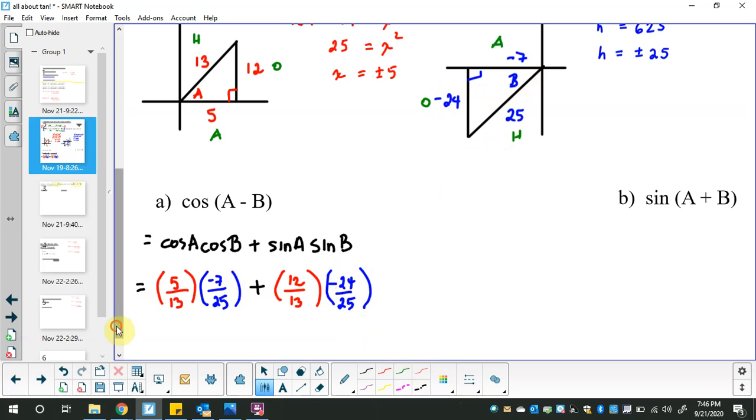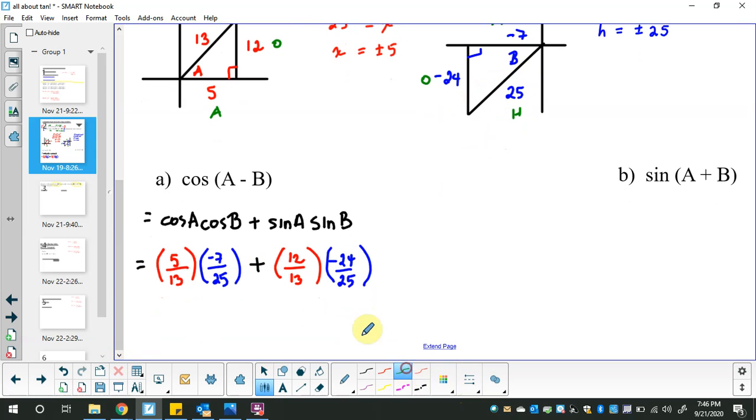And then you do the same thing as we did before, and that is you multiply across the top, multiply across the bottom, multiply across the top, multiply across the bottom. So I'm going to do this in black because I've got all my information.